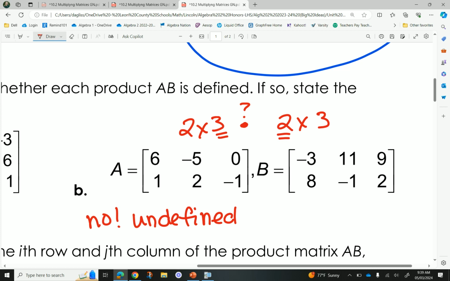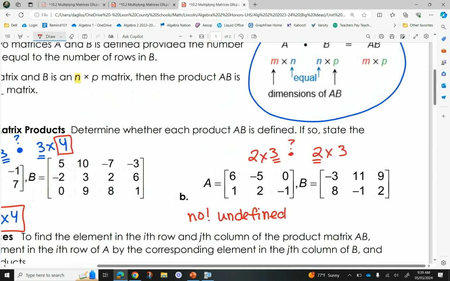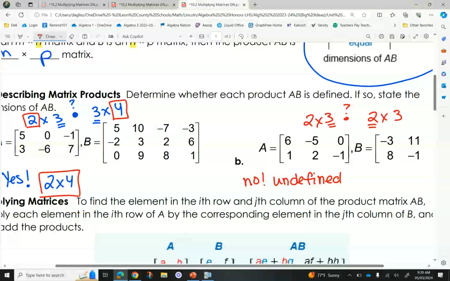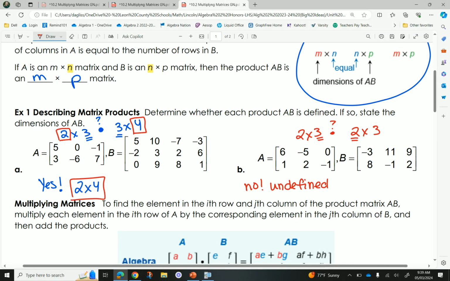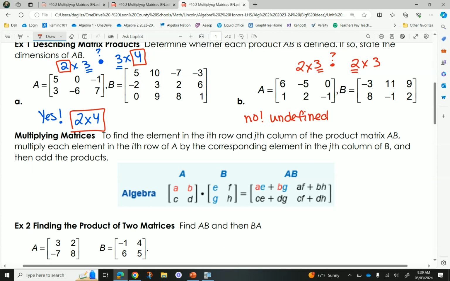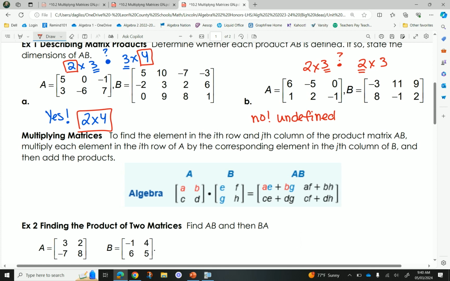So you ready to multiply? Yeah? Let's do it. Multiplying matrices: to find the element in the ith row and jth column of the product matrix AB, multiply each element in the ith row of A by the corresponding element in the jth column of B, and then add the products.